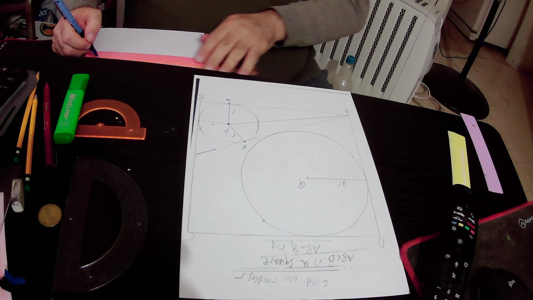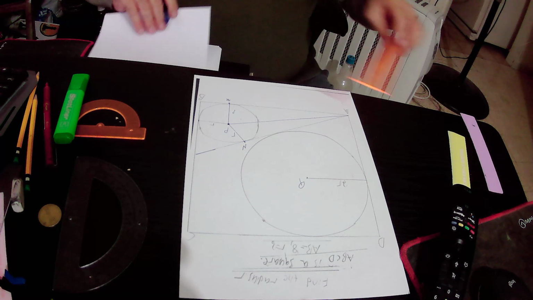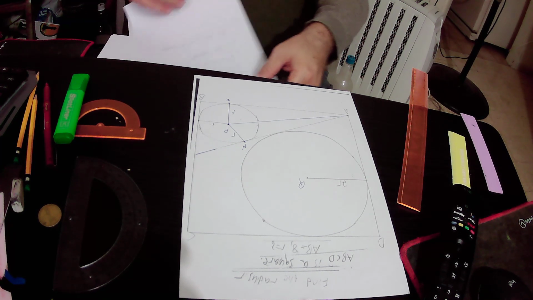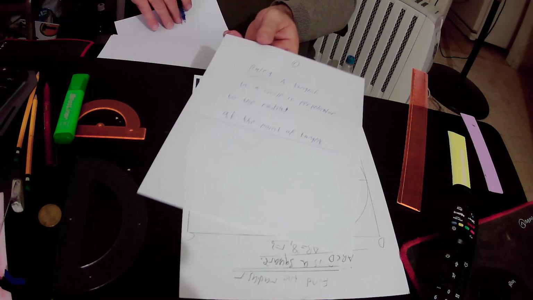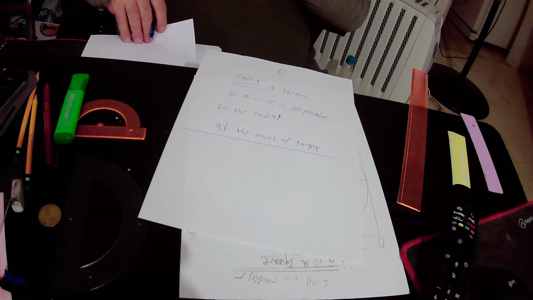So I will read rule number one again. Rule number one states that the tangent to a circle is perpendicular to the radius at the point of tangency.